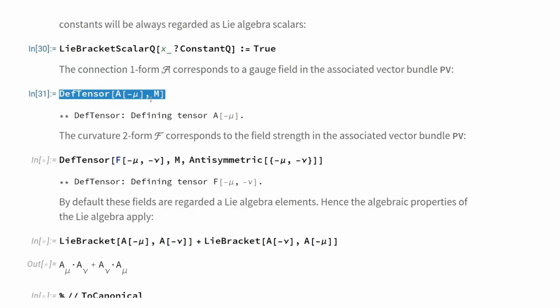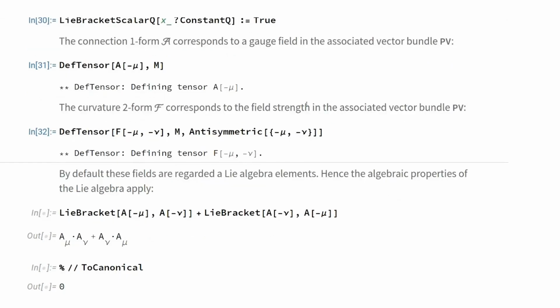So we are going to have a field, the so-called gauge potential in the vector bundle, and the so-called field strength that corresponds to the curvature 2-form.